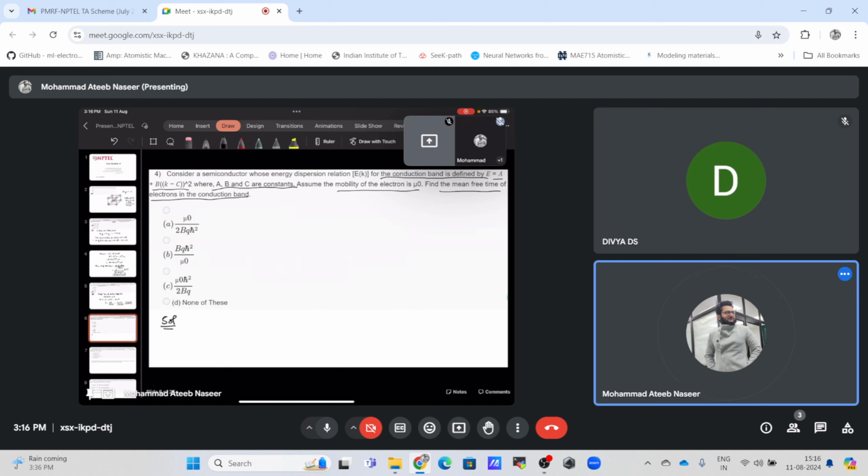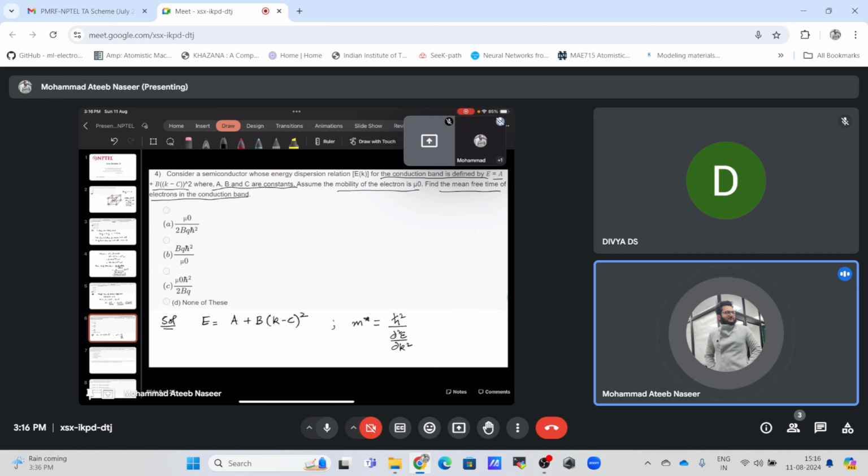From this we know the energy dispersion relation is given by E equal to A plus B times (k minus C) whole square. This is the E-k relationship. We know the effective mass is simply given by h bar square by d square E by dk square.